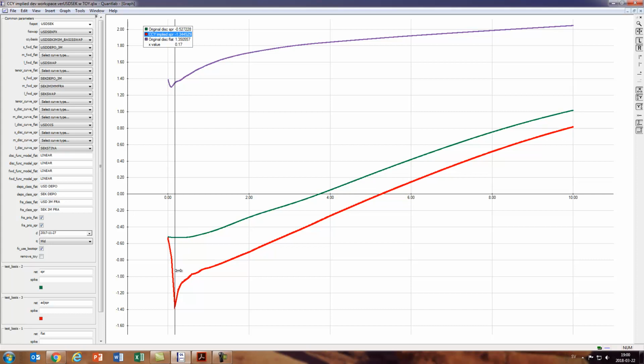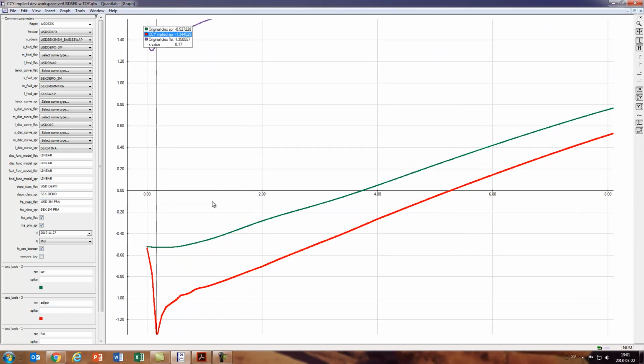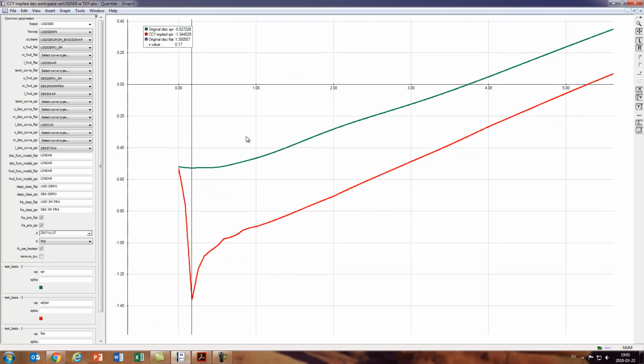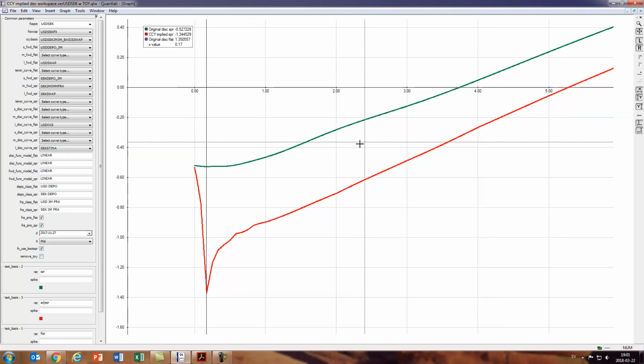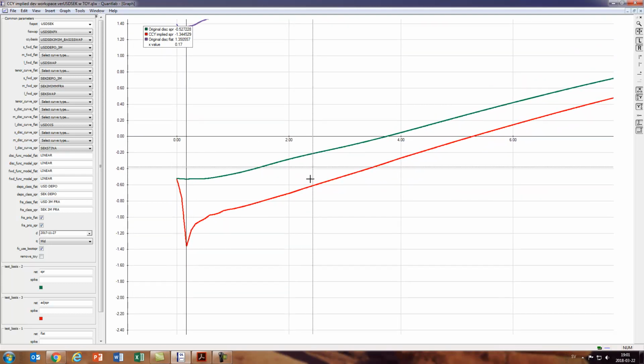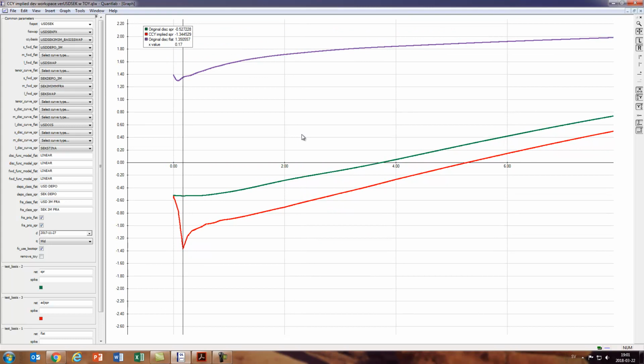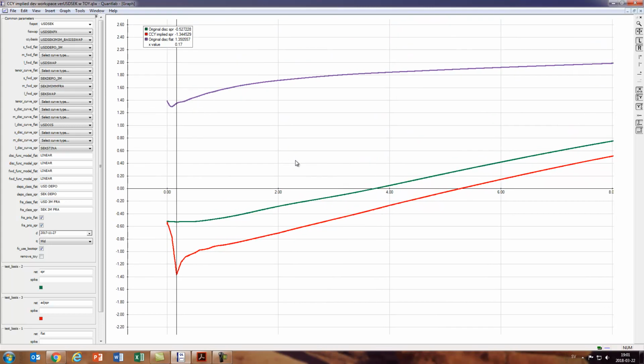We can see that in the short end, with years on the x-axis, we have a big spike down to somewhere around minus 1.4 percentage points, which is quite big. This is due to liquidity effects in the turn of year, the year-end effect.